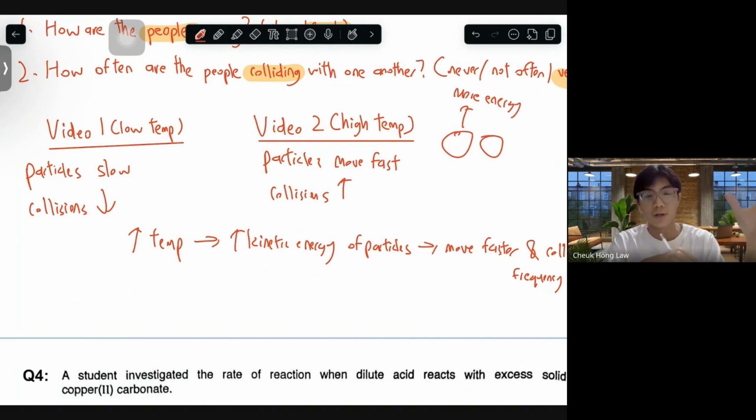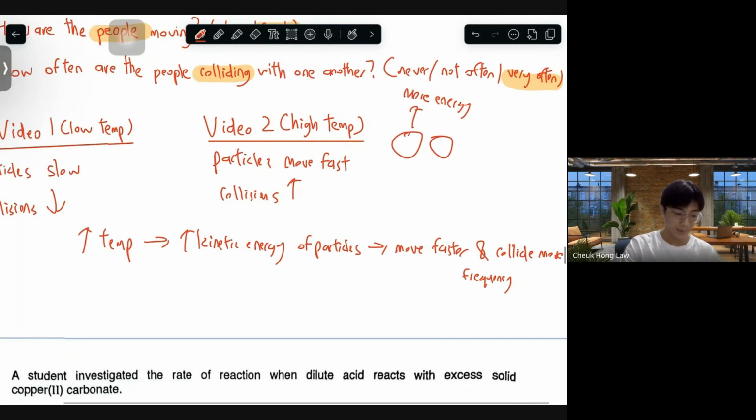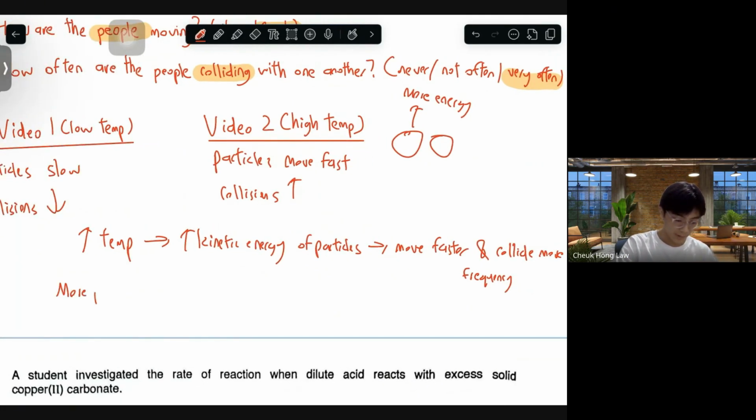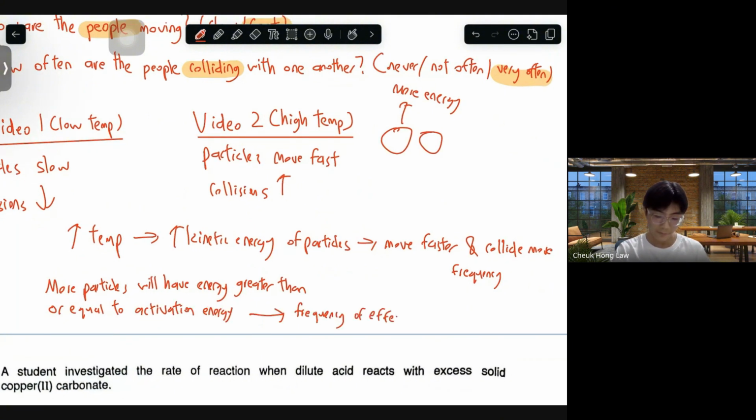When your particles collide and they meet the activation energy, there will be a reaction. So the second part is because now your particles have more kinetic energy, more particles will have energy greater than or equal to the activation energy. So the frequency of effective collisions increases, and therefore the rate of reaction increases.